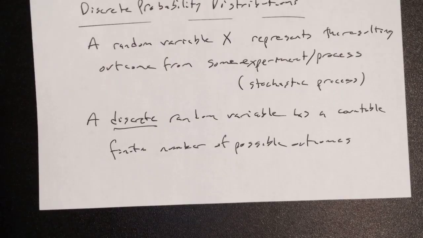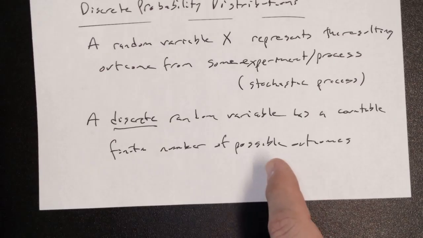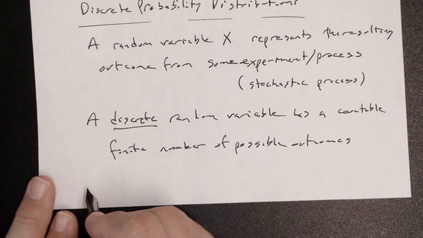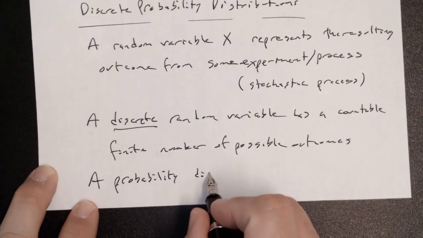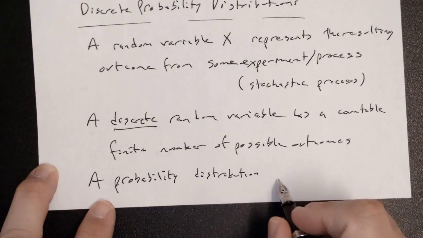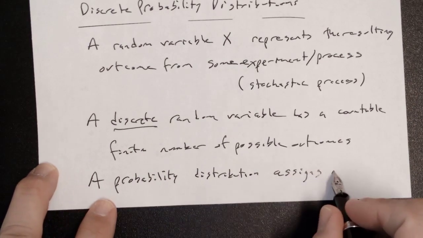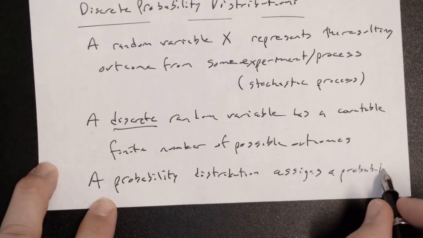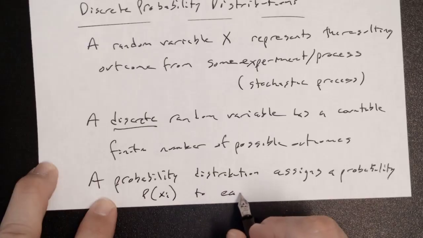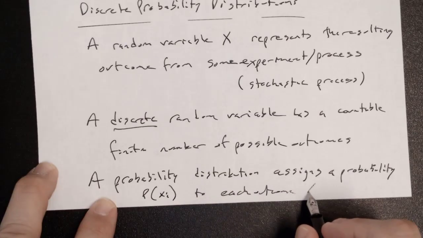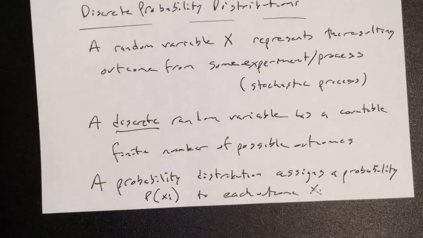A probability distribution assigns a probability to each of those outcomes. And that's what they mean by a probability being a rule.